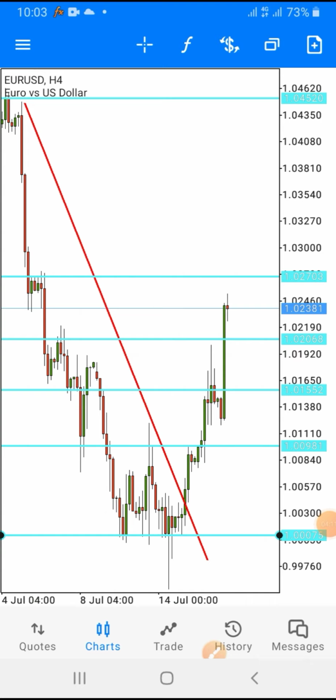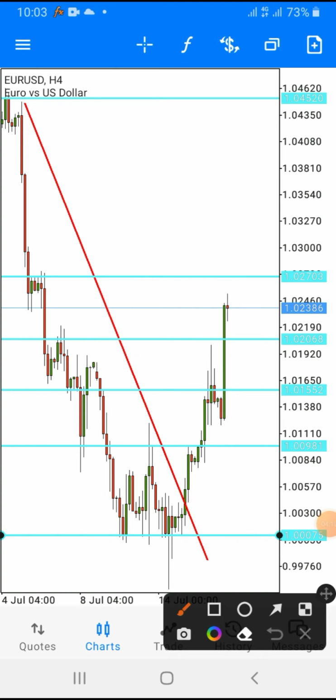Probably when you look at the current price, you can see where the current price is now. What I am actually waiting for to open a position is this, not on this 4-hour time frame anyway.